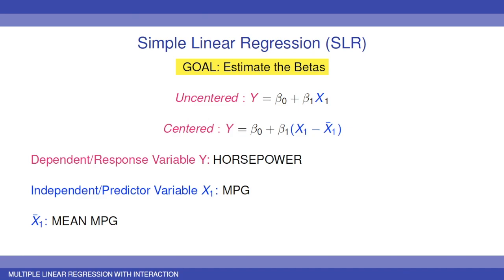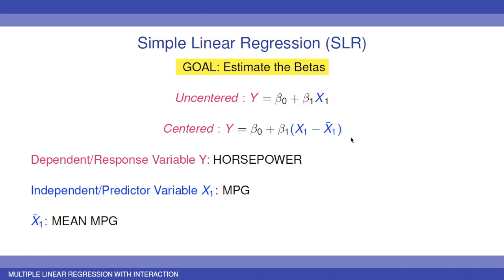This first equation represents our uncentered model where x1 is just the observed mpg. However, since we have centered mpg, we should use this second equation. At this point, you're probably thinking, please explain the centering stuff. So here it goes. When we say that mpg has been centered, we are simply saying that a constant, usually the mean, has been subtracted from each mpg observation.